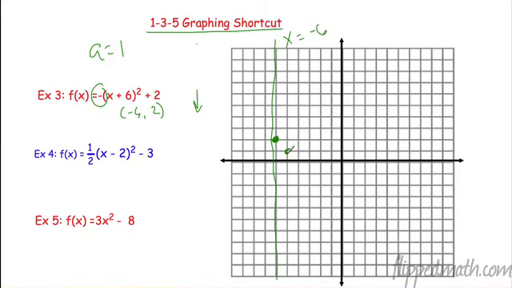I go over 1, and my next one is 3. 1, 2, 3. Then I go over 1, and I go down 5. 1, 2, 3, 4, 5. And of course, I can reflect these across the axis of symmetry and draw my nice little curve. 1, 3, 5. Piece of cake. That's when A is 1 or -1.